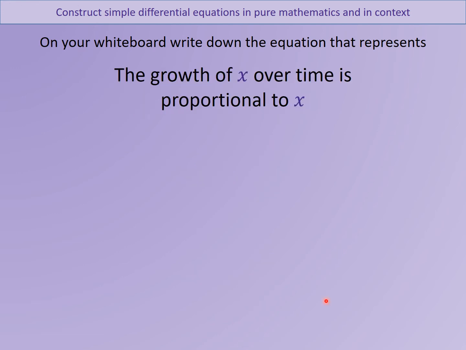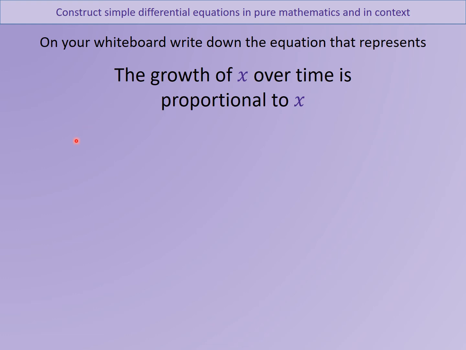The growth of x over time is proportional to x. Okay, so you want to pause there and have a good think about this one. Right, so there's a hint. The change in x over the change in time. I know how to write change in y over change in x.